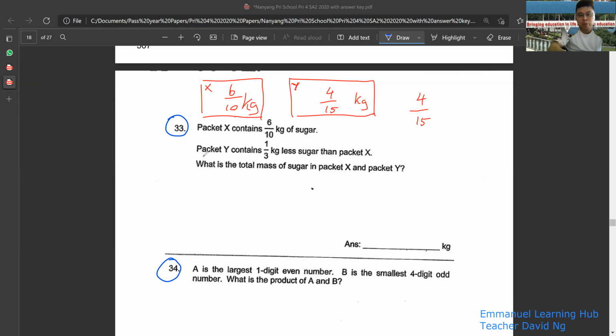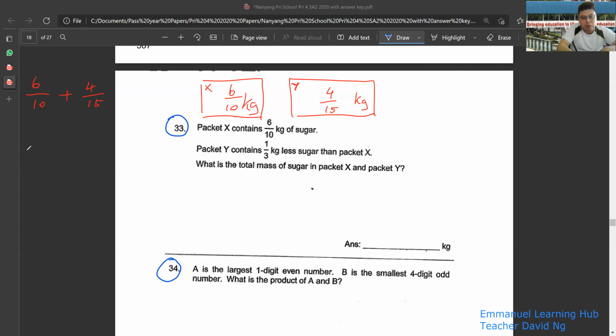Total mass, you know what I mean by total? Yeah, all together. Oh, all together, then why you minus? Oh, plus. Now you know why I say I seriously do not know how to help you, right? Because total mass, you can tell me minus. Okay, plus. Total mass, you plus.